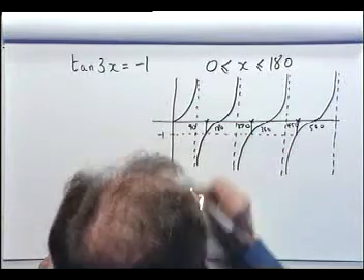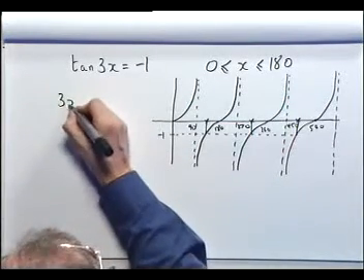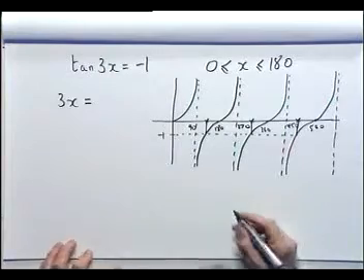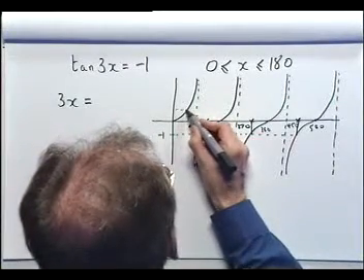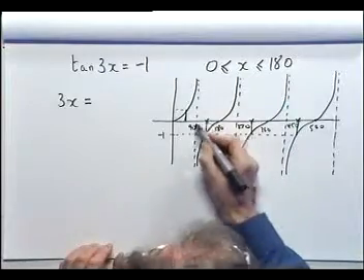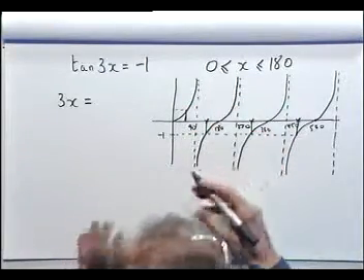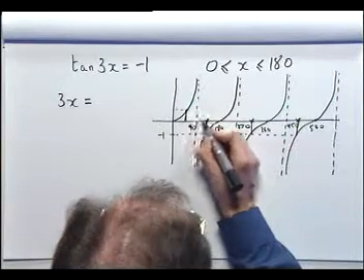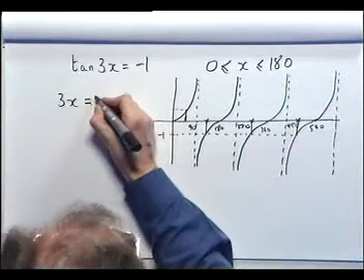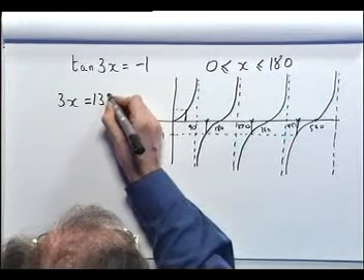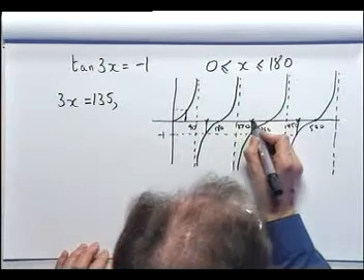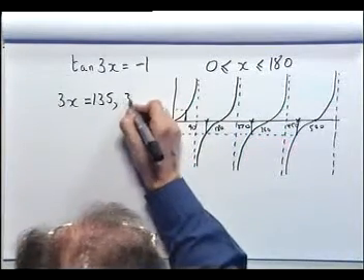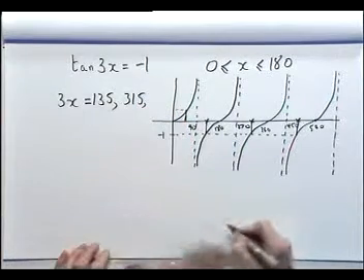These are our values. So 3x is equal to... Now we know that the angle whose tangent is 1 is 45, which is there. So again, this and this are symmetric bits of curve. So this must be 45 further on, in other words, 135. This one here has got to be 45 further on, so that will be 315.